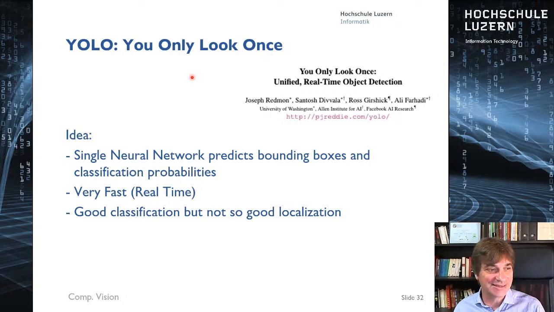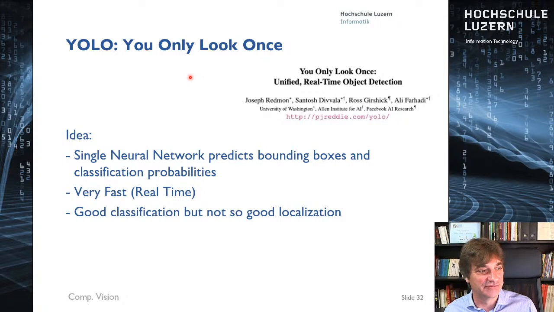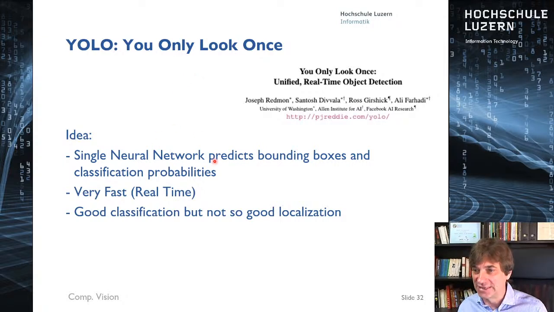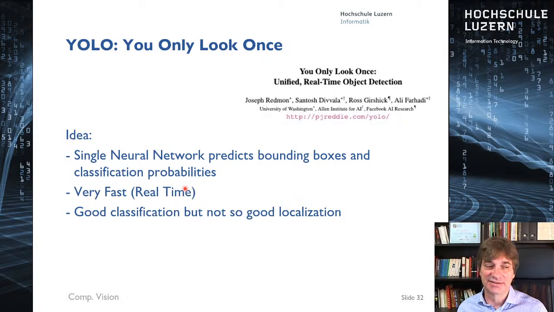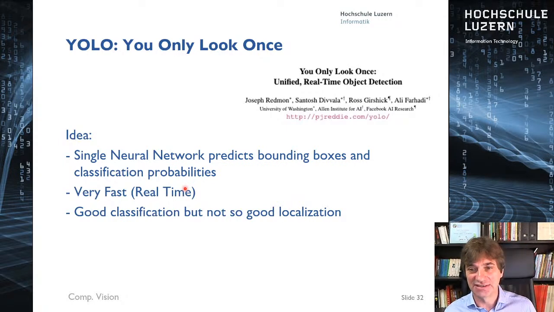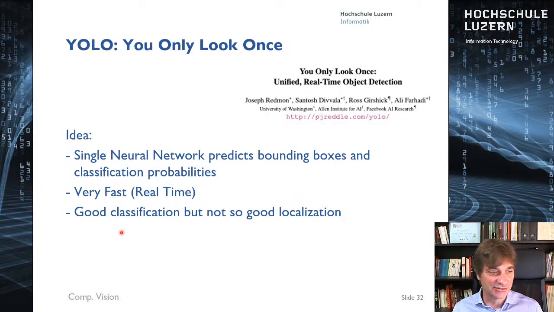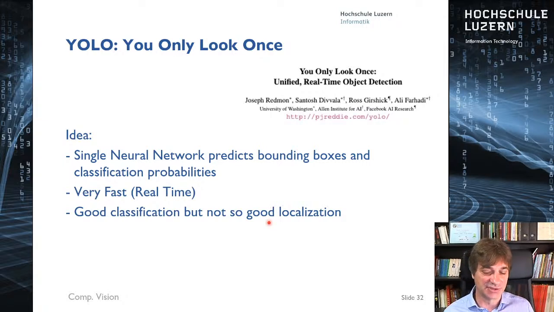So you should have one single neural network that will predict both the bounding boxes and then the probabilities of the different object classes. And this should be very fast, and it actually is very fast. We will see in comparison to the methods before, it has a good classification, but the localization part is not quite as good as the other approaches. But it's much faster and can run in real time.